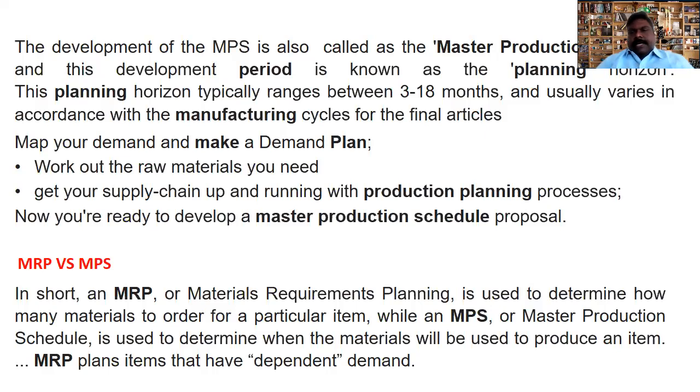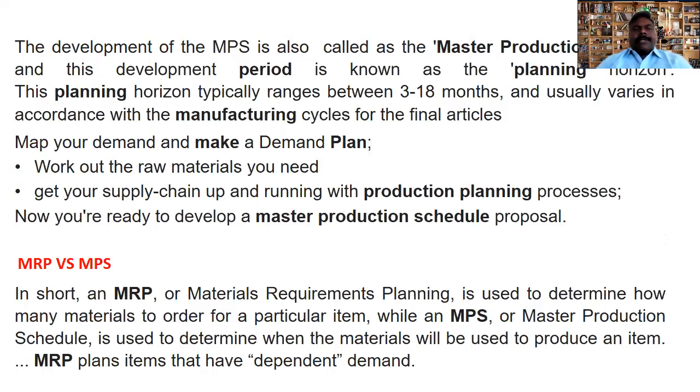Here you would have seen that the aggregate planning and this master production schedule differ. Aggregate planning was very short, and here it varies from 3 to 18 months. Aggregate planning may be up to 12 months, and here an extension of 6 months more is there. So MPS, master production planning, can be done from 3 months to 18 months.